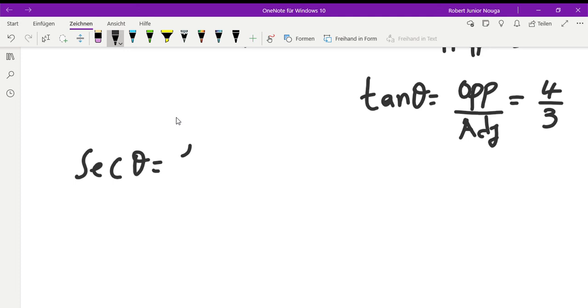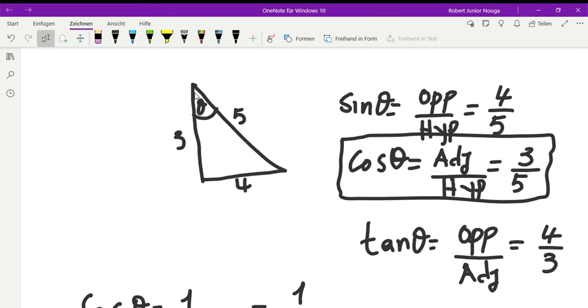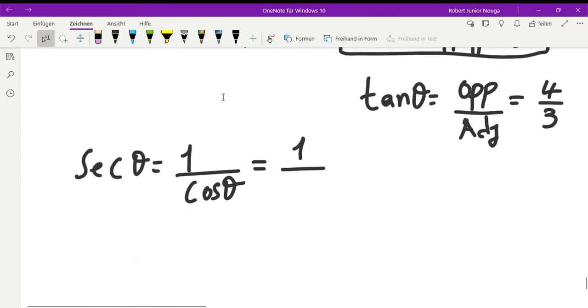It is equal to 1 all over the cosine function, and the cosine function here is equal to 3 over 5. 1 divided by 3 over 5 will be equal to 5 divided by 3.